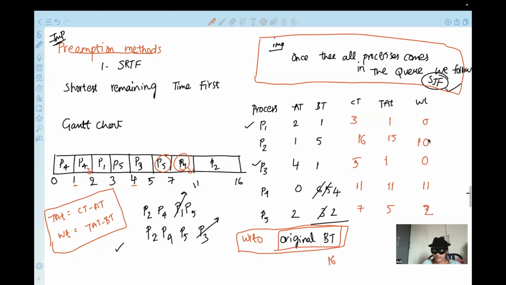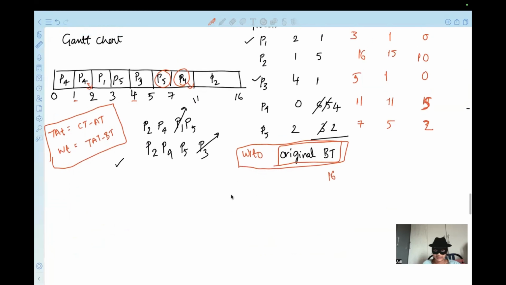Waiting time, turnaround time minus burst time, 11 minus 6 is 5. Sorry. So now you can calculate the average turnaround time and average waiting time. Average turnaround time means 1 plus 15 plus 1 plus 11 plus 5 divided by 5, and 0 plus 10 plus 0 plus 5 plus 2 divided by 5.